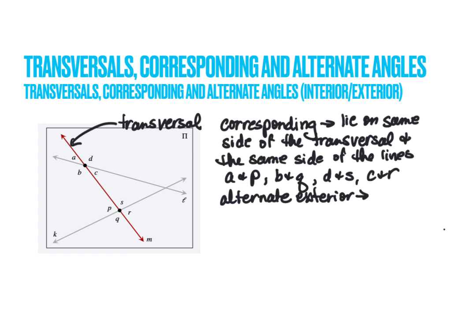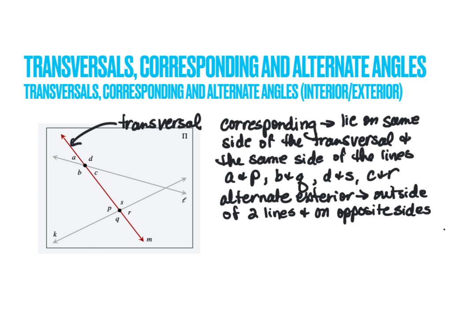Alternate exterior angles are angles that are on the outside of the two lines. And on opposite sides of the transversal.